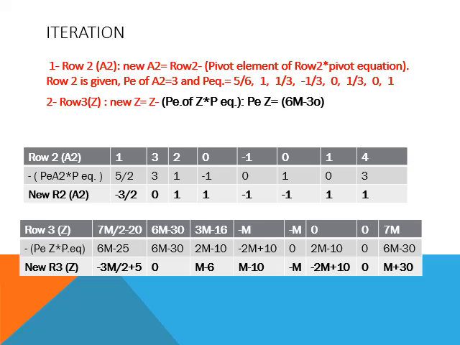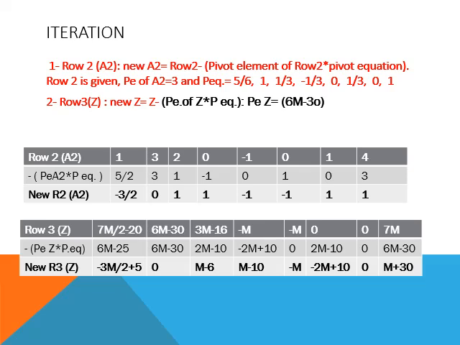These results should be subtracted from the original A2. The new A2 is -3 over 2, 0, 1, 1, -1, -1, 1, 1. These values should be the values of A2 in the next table.